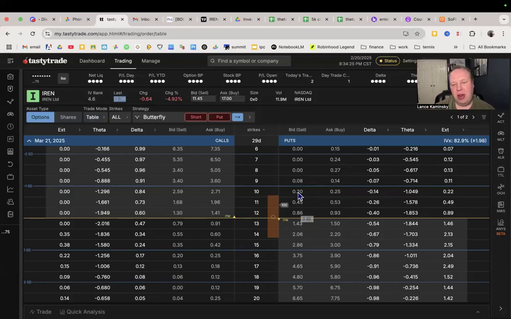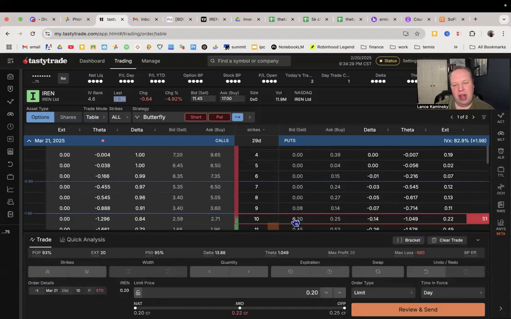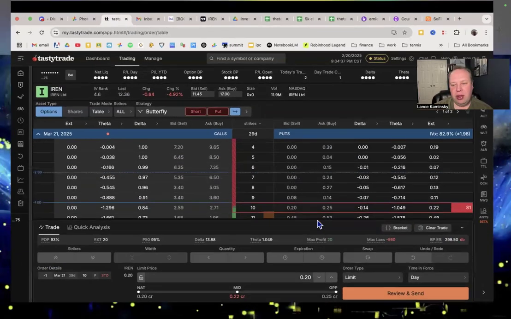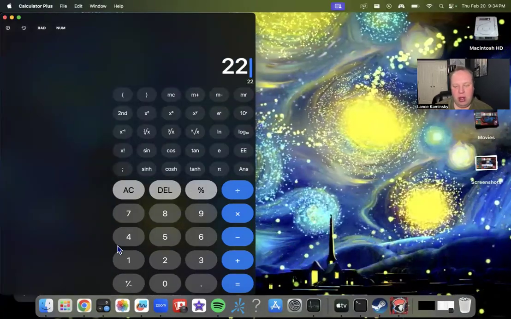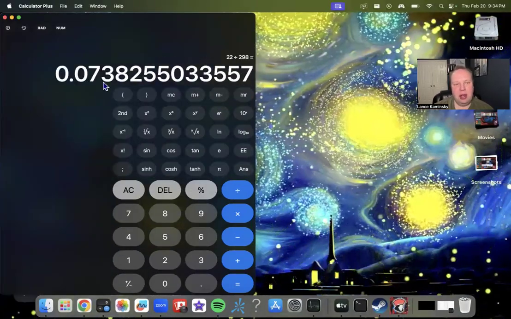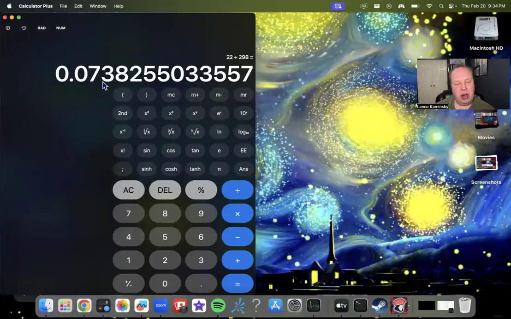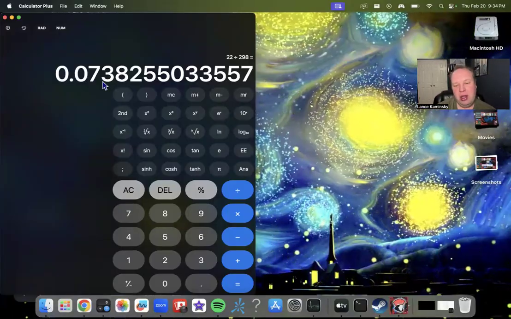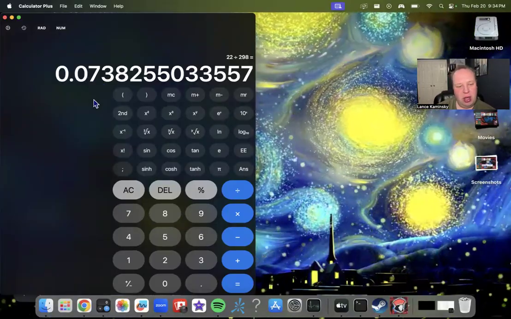But if you're first starting out, I'd probably just sell the 10 strike. If you sell a 10 put, it's using about $298 in buying power, and you're taking in around $22. So if you do 22 divided by 298, that's a 7.3% return off the margin in a month. And that's really good to get.